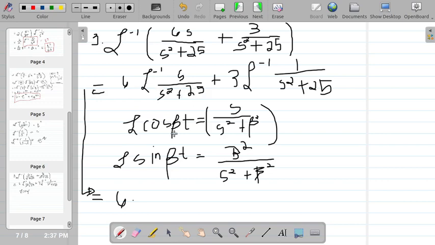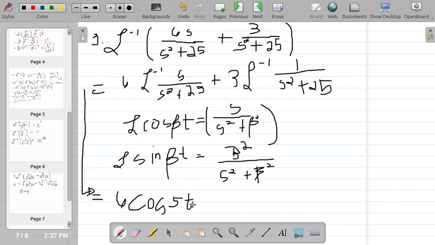Square root of 25 is 5, so beta is equal to 5. So we can write this as cosine 5t.